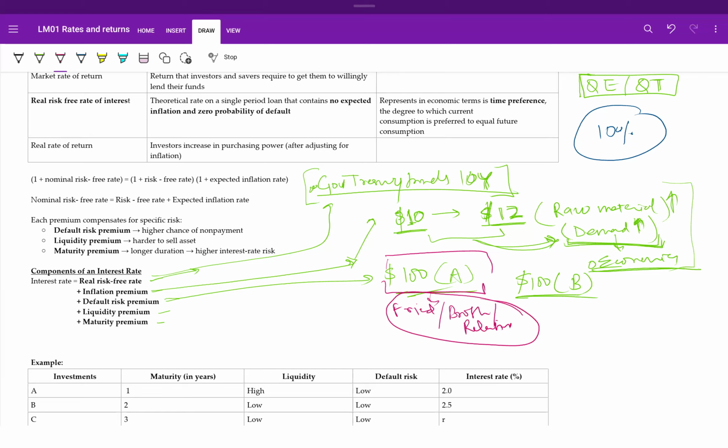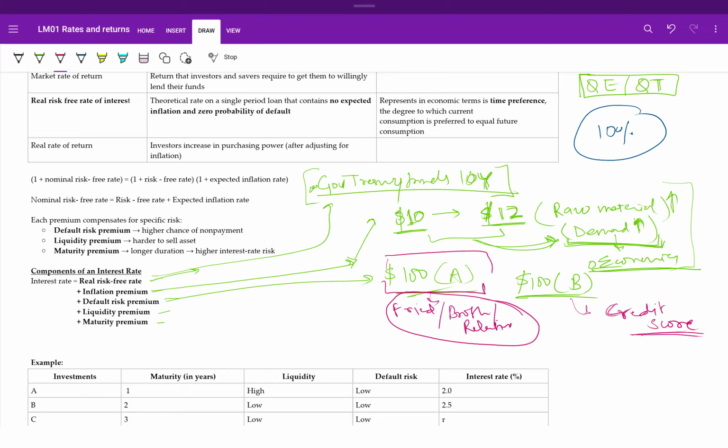And another situation is where a person has a very good credit score. They have paid all the payments on time.